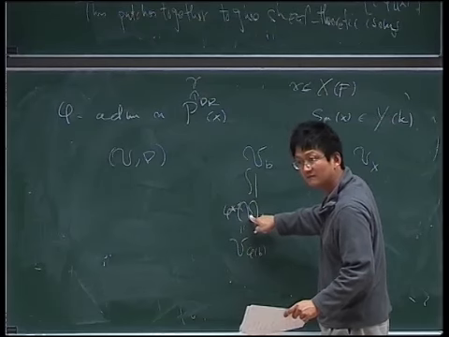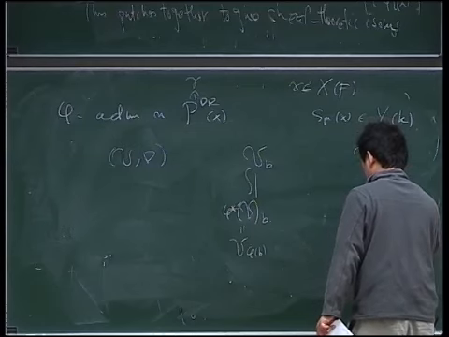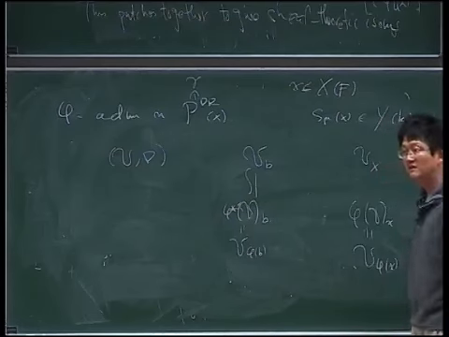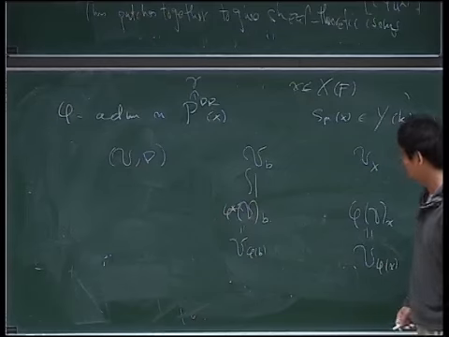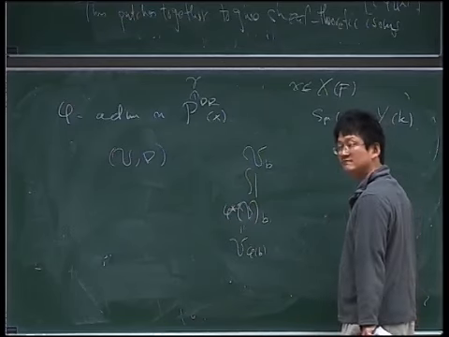And same on this side, the fiber of this at X is just the fiber of V at phi of X. This is all happening locally, of course, for any local lift. So there's a crystalline path here.